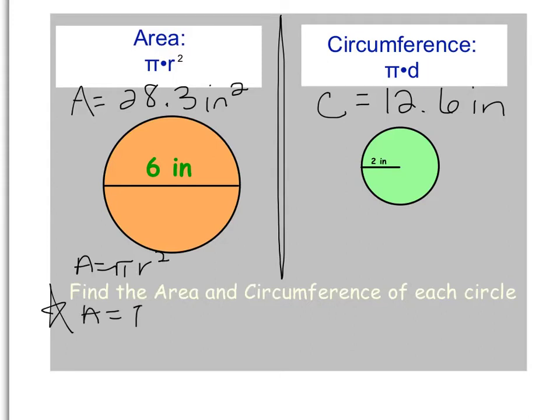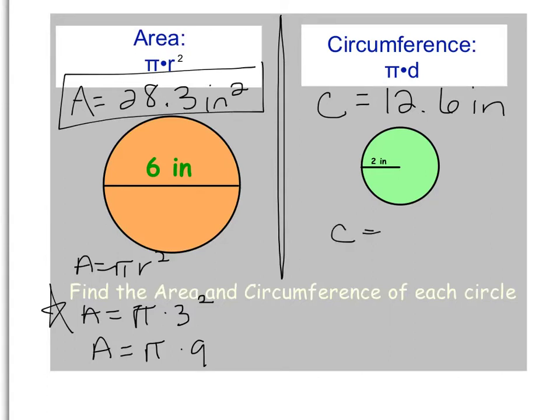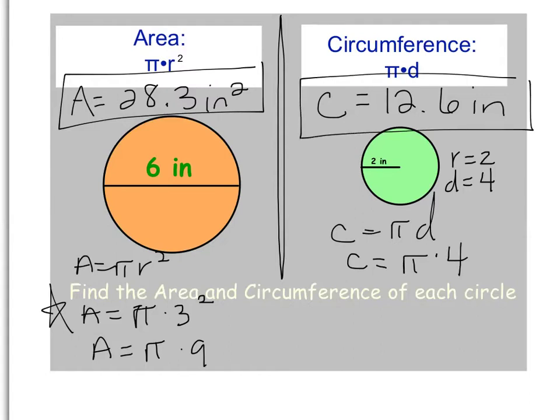My radius here is 3 squared. So pi times 9 gave you that area right there. And circumference is pi times diameter. Since my radius is 2, my diameter is 4. So pi times 4 gives you your circumference.